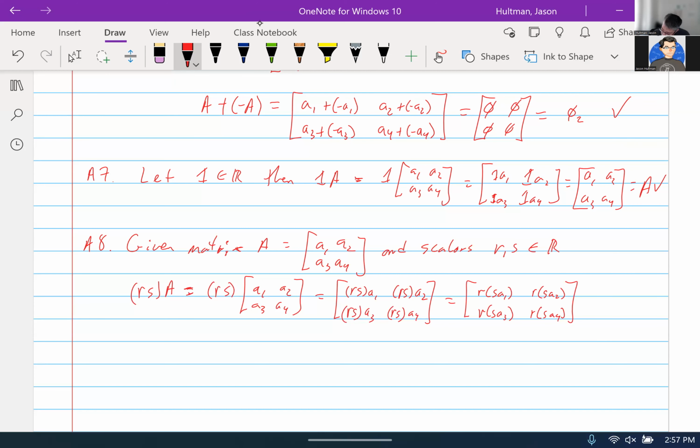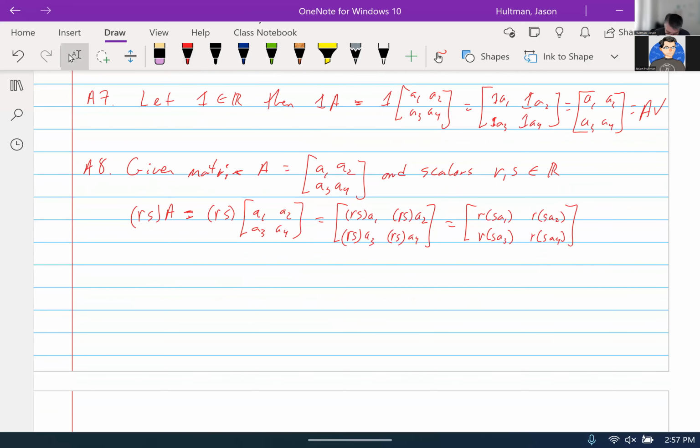And then I can pull out the R and say that this is equal to R times S times A1, S times A2, S times A3, S times A4, which is equal to R times S times A. So that checks.